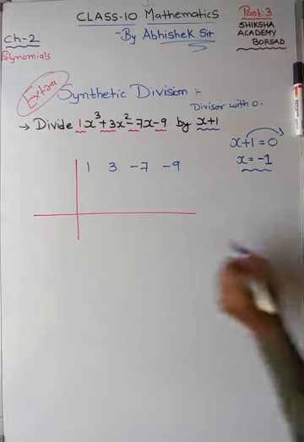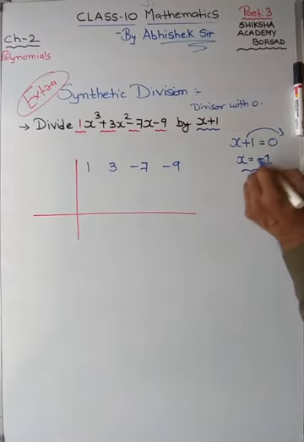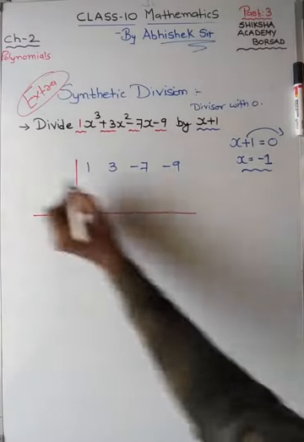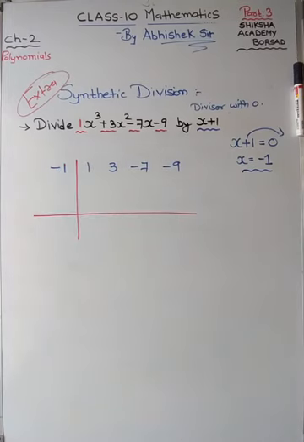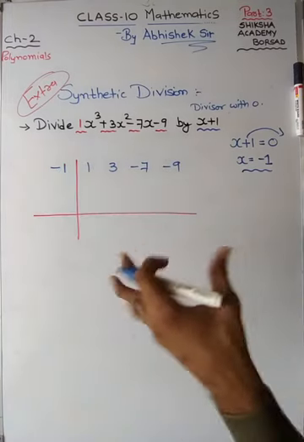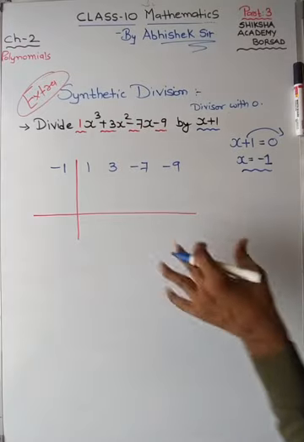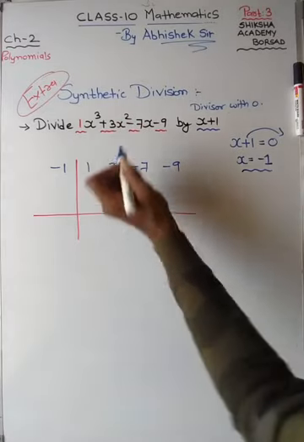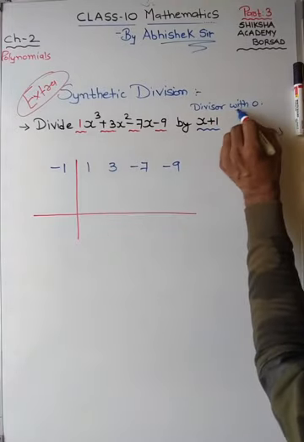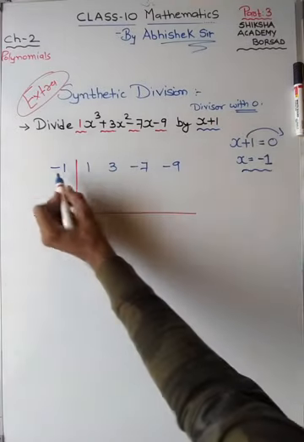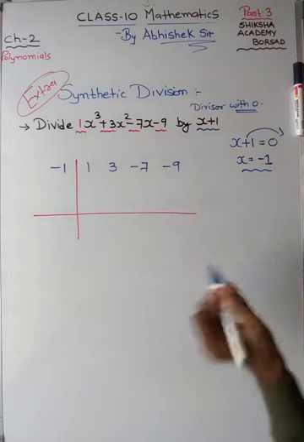So we have to divide this by minus 1 in short. So minus 1 is to be written over here. Now how to start the synthetic division? Magical numbers, right? You see, coefficients we have written over here, divisor equated with 0, and put the value of x over here.